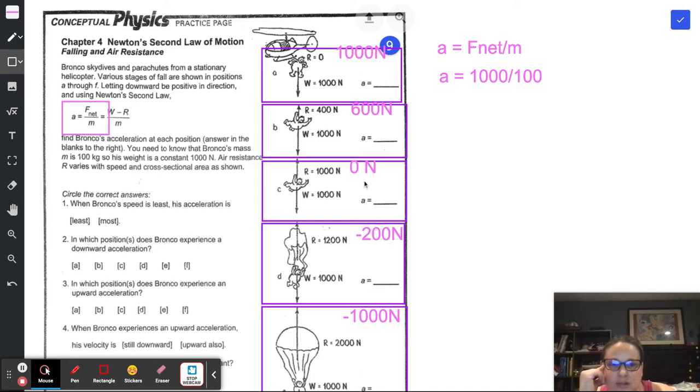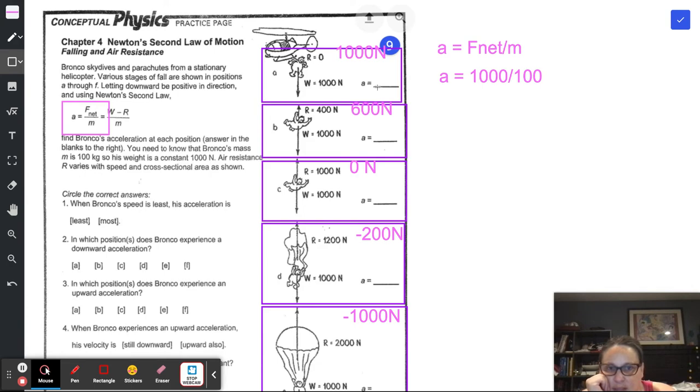So for each position now, we're going to calculate the acceleration using the net force that we calculated in the last step and dividing by the mass of the man, which was 100 kilograms. I don't have the units typed in, but it would be 1,000 newtons divided by 100 kilograms, which, remembering that a newton is a derived unit, cancels out the kilograms, and you're left with meters per second squared for your unit, which is your acceleration.